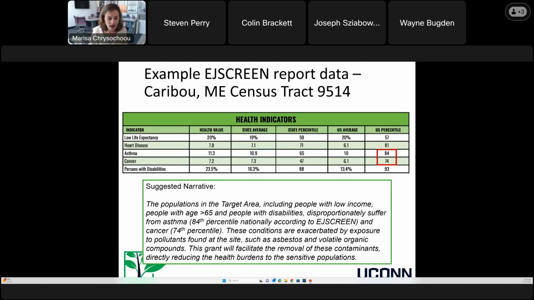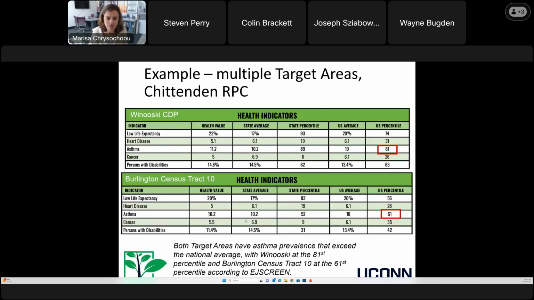So I have talked about the disproportionate, higher than 50th percentile occurrence of asthma and cancer, how these conditions are related to pollutants exposure at the priority site, and how the grant will facilitate the removal of these contaminants. This was a cleanup grant. Let me show you another example.